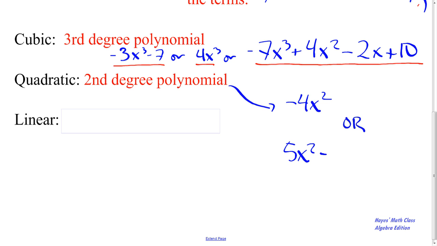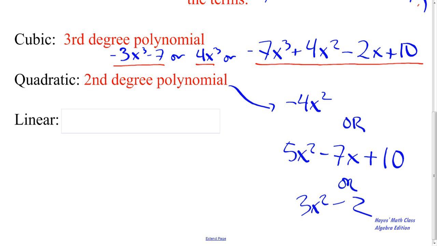So 5x squared minus 7x plus 10. Or that can be a trinomial, right? 3 terms. Or I could even do a binomial, maybe you just have 3x squared minus 2.